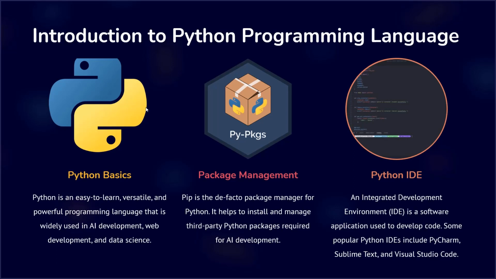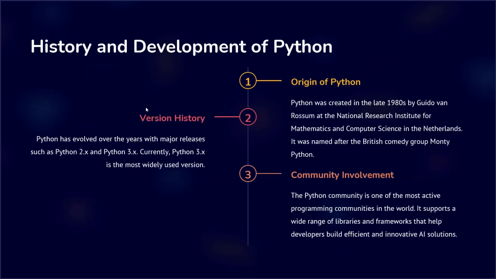Here are PyCharm, Sublime Text, and Visual Studio Code. These are three softwares. With the help of any of these you can run Python, make models, or whatever you want to do. You can easily make projects with this language using this software, right?